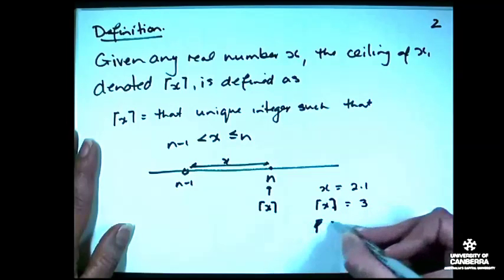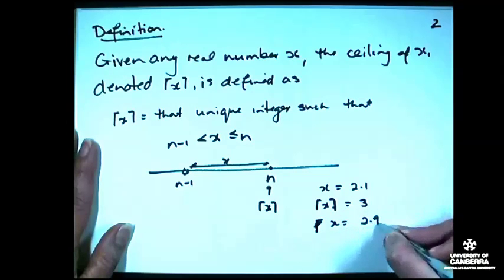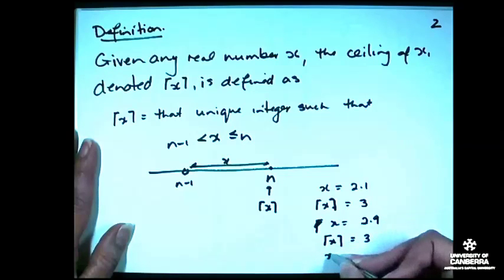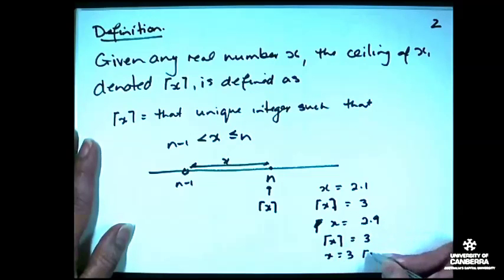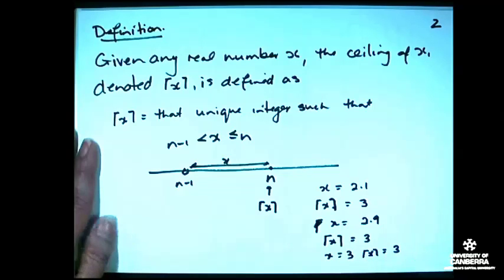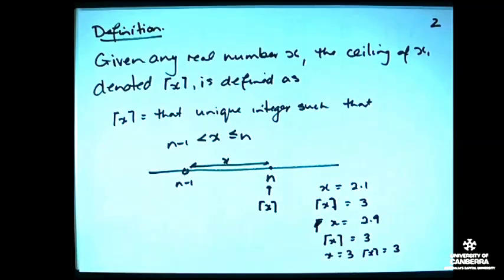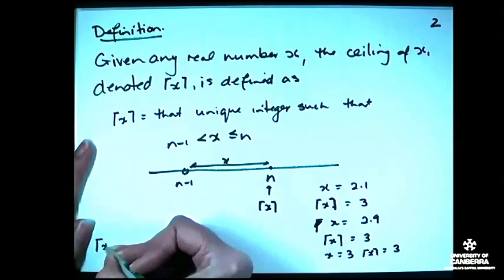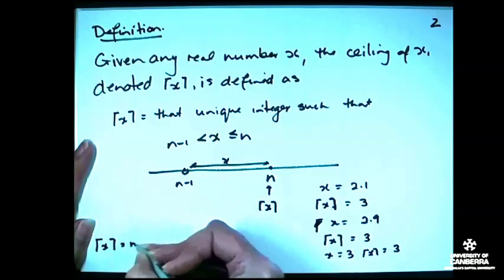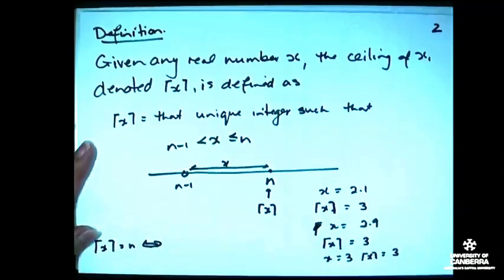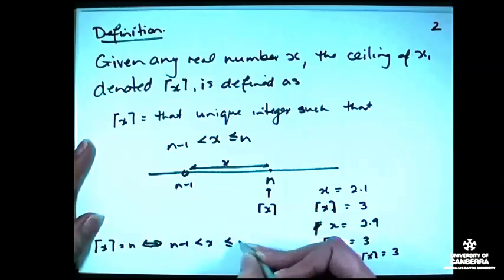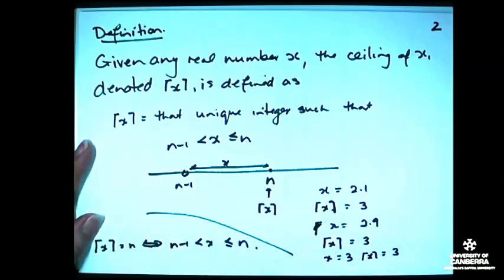If x is equal to 2.9, the ceiling of x is equal to 3. If x is equal to 3, the ceiling of x is equal to 3. And symbolically, the ceiling of x is equal to n if and only if n minus 1 is less than x is less than or equal to n. I'll just put a little line there.